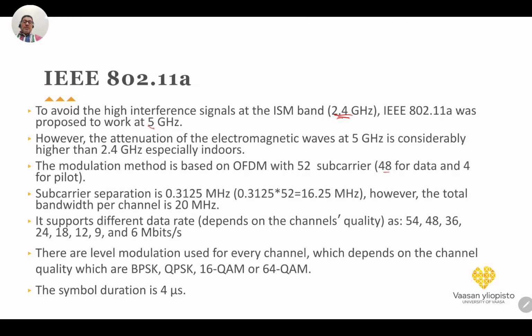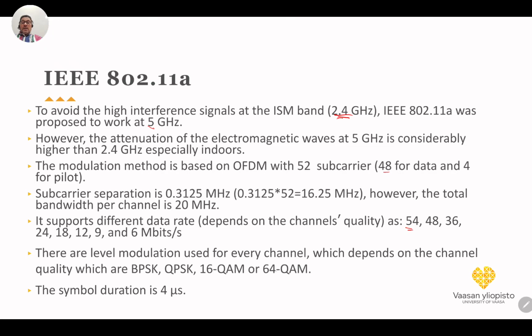It supports different data rates depending on the channel quality, from 6 up to 54 megabits per second. It has an adaptive scheme. If the channel quality is very good, it can transmit up to 54 megabits per second, and if the channel quality is low, then the bit rate can go down to 6 megabits per second.